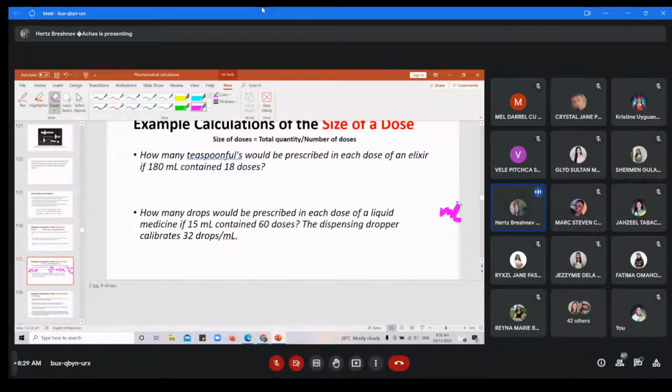So how many drops would be prescribed in each dose of a liquid medicine if 15 ml contained 60 doses?